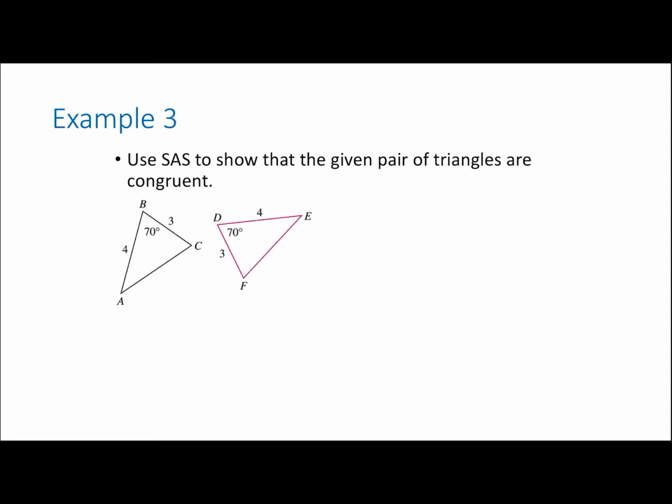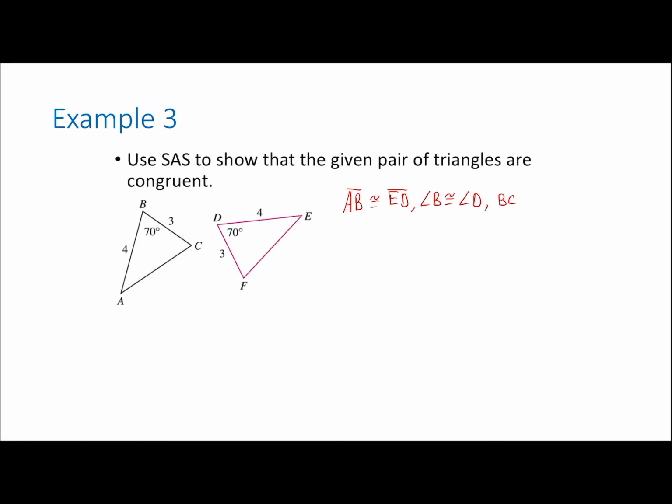So let's look at a very basic one here. With this one, we want to use side angle side to show that the given pair of triangles are congruent. So again, we want to show a side, we want to show the included angle, we want to show the next side. And so in this case, we're going to start out by showing that side AB is congruent to side ED. So again, the order has to matter.